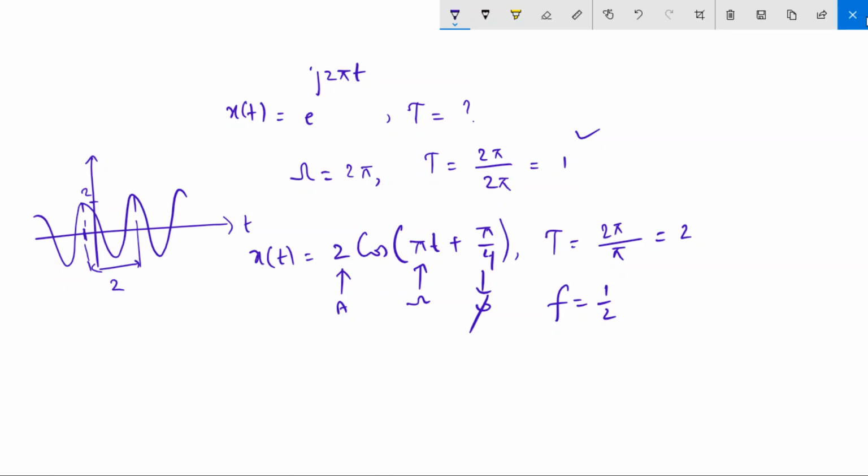So this is one important property of continuous time complex exponentials and sinusoids, that they are always periodic with a time period that is given by 2 pi by omega naught, 2 pi by omega. The second important concept here is that these signals are always different for different frequencies, meaning they never repeat.